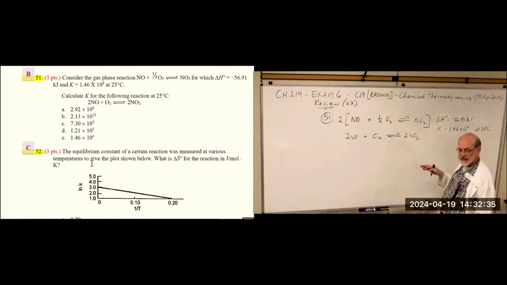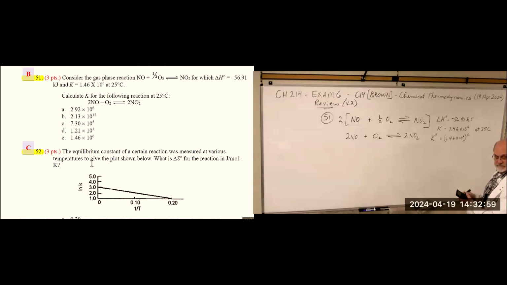So what happens to the K when you do that? When you multiply by a factor, that factor becomes the power of K to give you the new K. So that would be 1.46 times 10 to the 6th to the second power. We just have to square it.